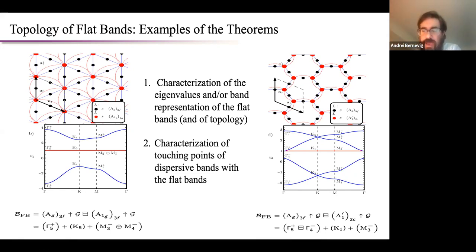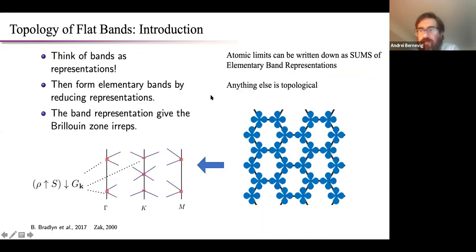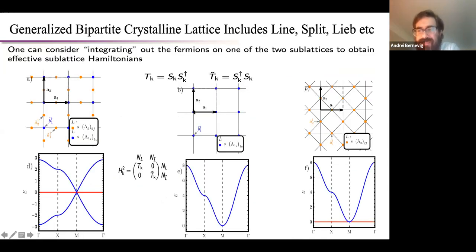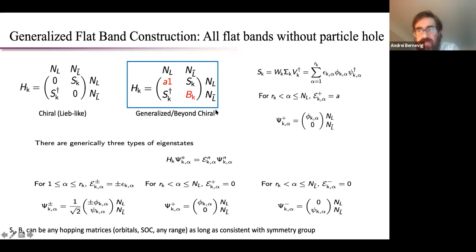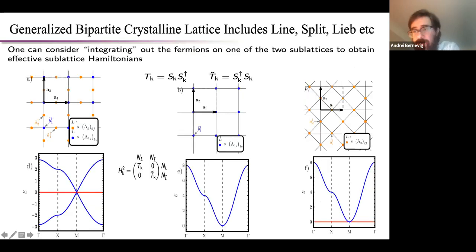Now, the line graph, as we know now after this talk, is basically just an integration of one of the lattices in this S matrix construction. If I take this S matrix construction with this Hamiltonian and integrate one of the lattices, I obtain the line graph lattice.